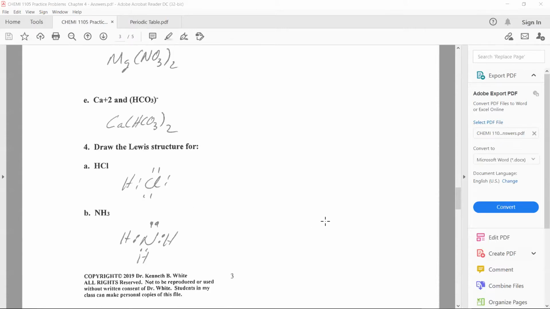Draw the Lewis structure for a molecule. How do you do that? You need to determine the valence electrons for each element, and then they share electrons, so each element has an octet, 8 total, including shared electrons around it. The one exception is hydrogen. Its octet is 2. So if we look at HCl, hydrogen has 1 valence electron, chlorine 7.